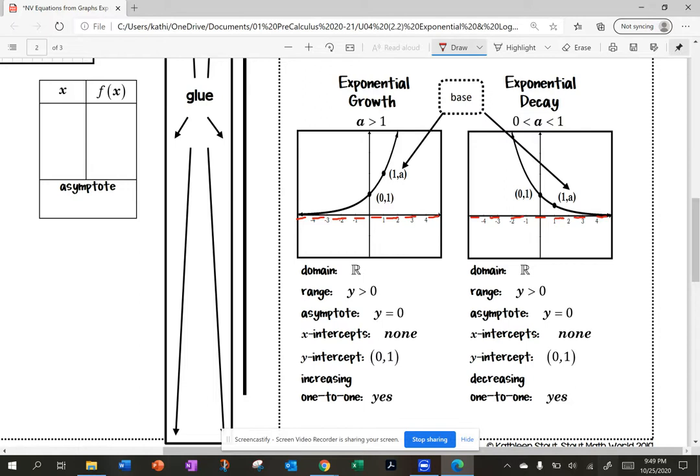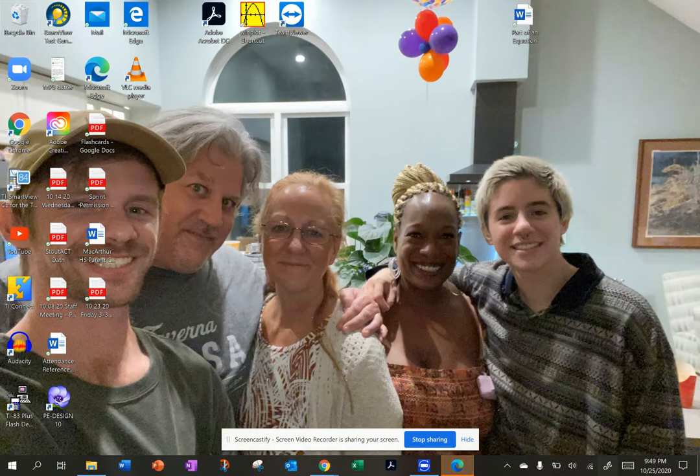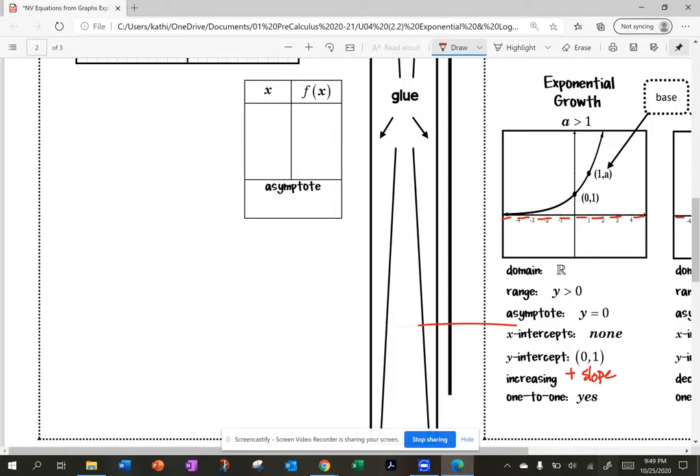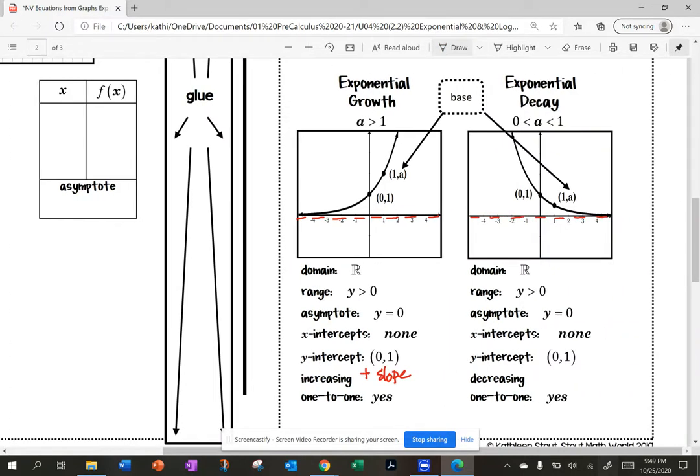Exponential growth is an increasing function, which means if I had a tangent line to the graph, I would have a positive slope. And exponential decay is a decreasing function, and that means if I had a tangent line to the graph, I would have a negative slope.